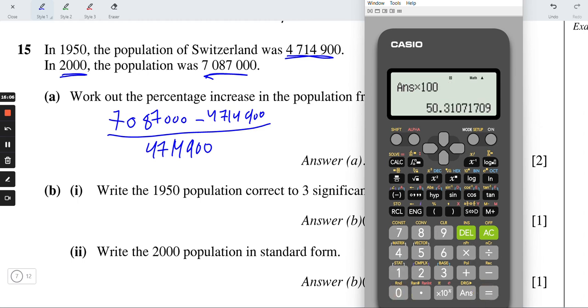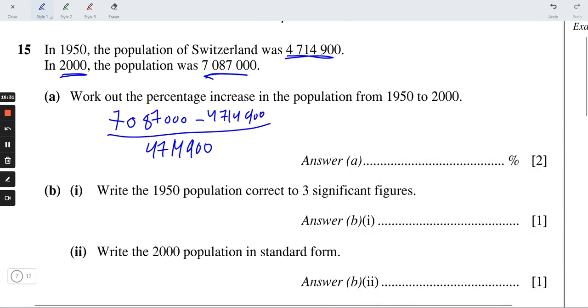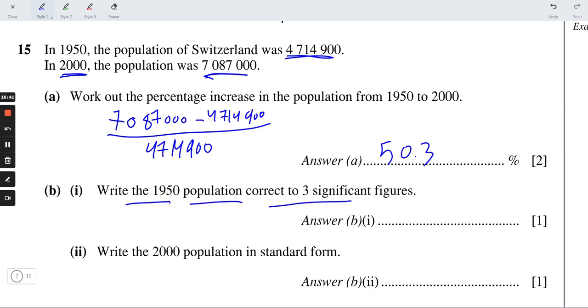What you will get is 50.3, because you should round it to 3 significant figures, as we usually do when rounding or correcting numbers to 3 significant figures. So the answer here is 50.3.